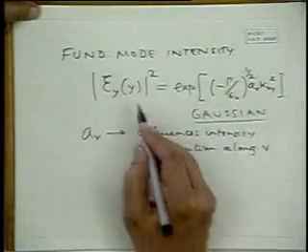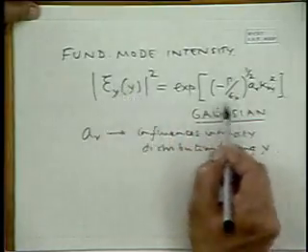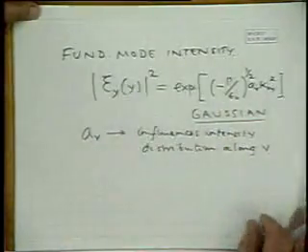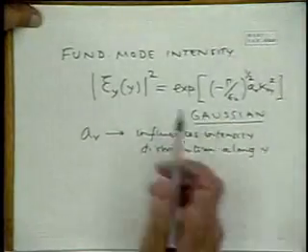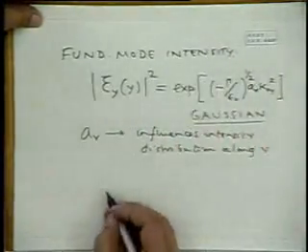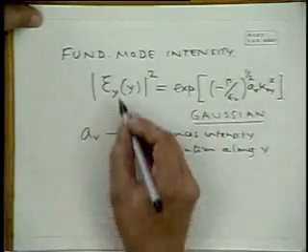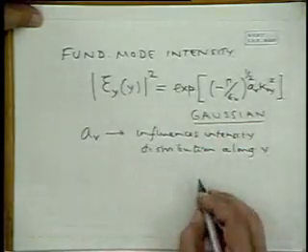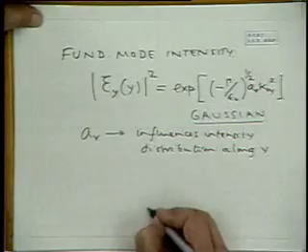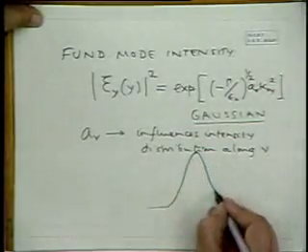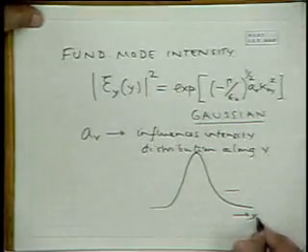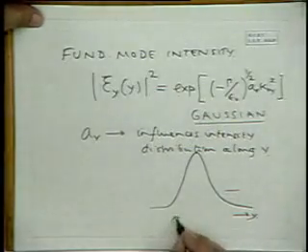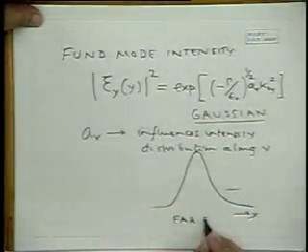Okay, I won't go into writing the expressions for all the other higher order modes, but this Gaussian distribution tells you that for this mode the intensity variation will be something like that, okay, in the y direction. This is in the far field.